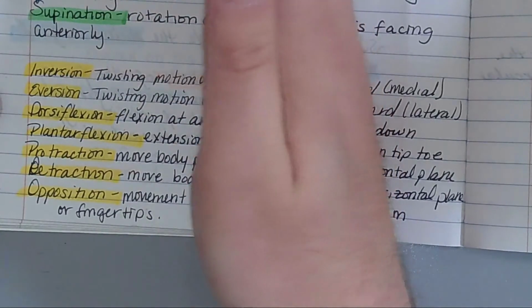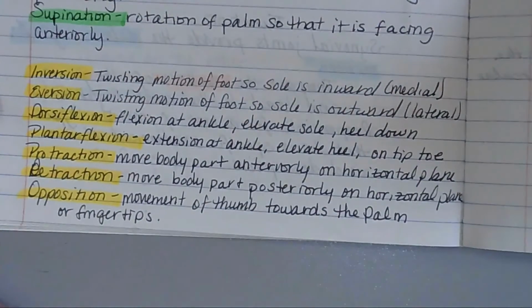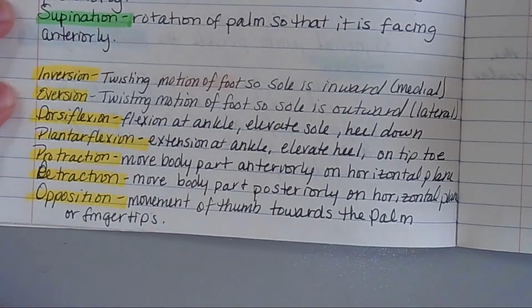So you're rotating your ankle so that the bottom of your foot is facing this way. Eversion is where you rotate it out that way. So inversion is towards the inside, the medial side. Eversion is lateral, towards the outside.